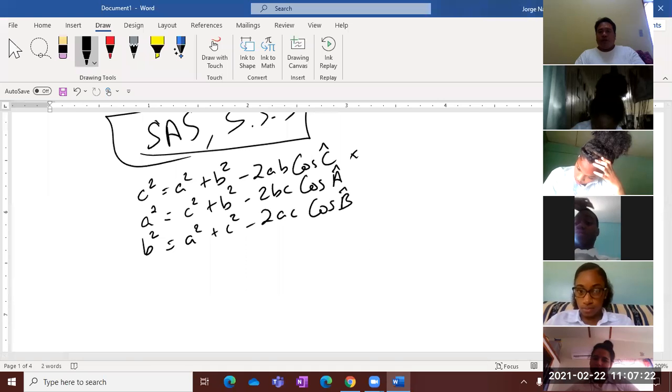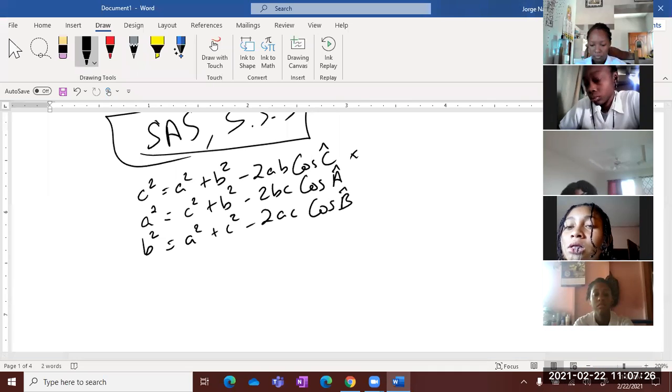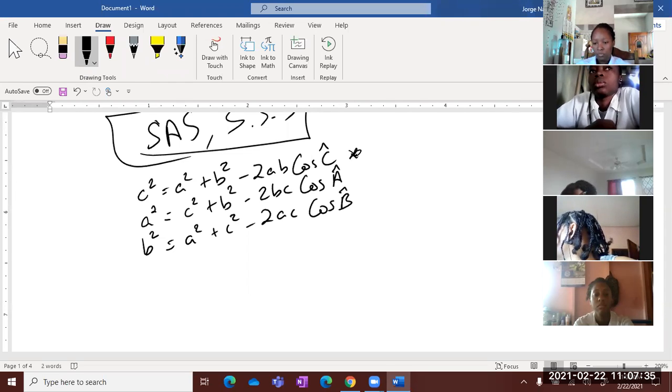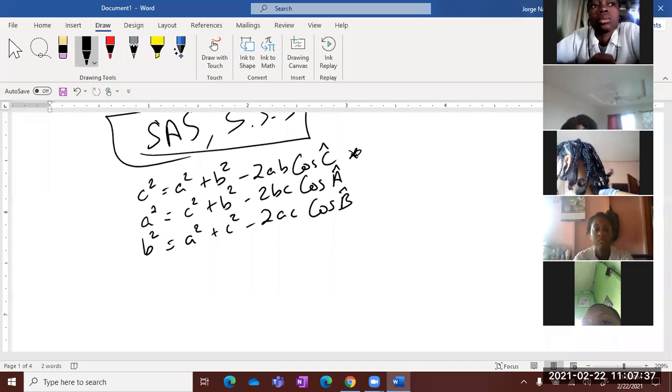Okay? So if I'm looking for a side, I cannot take the original, the one that has the little X on it, and try to transpose it to find another side. No, I must literally replace what I want with what I have.